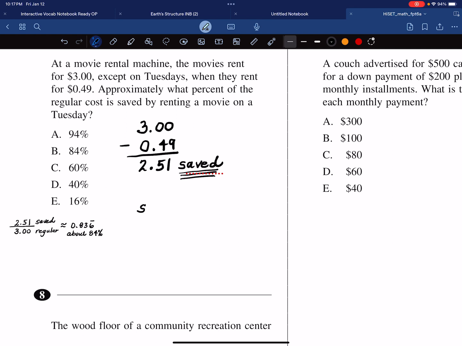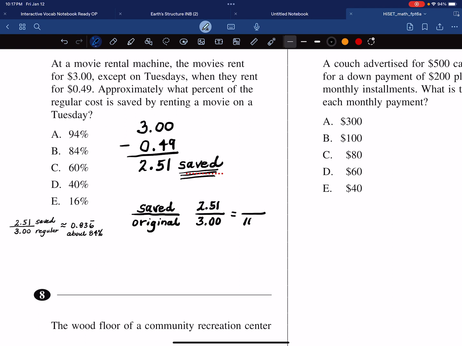I would have you set up a proportion of saved to original. And discounts go on the top of this proportion. Originals go on the bottom. And I would say, okay, there is $2.51 out of an original $3 that I'm saving.